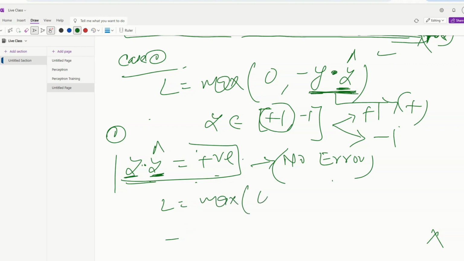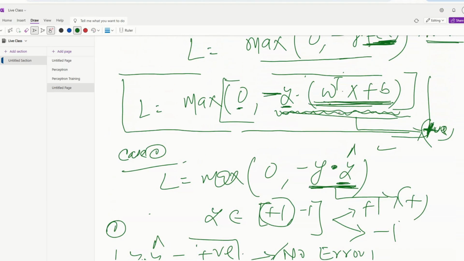Max of 0 and, because it's a positive with a negative in front, it will be a negative number, right? So what is the max of 0 and some negative number? It will be 0. Here I just want to show you how to interpret this loss function.